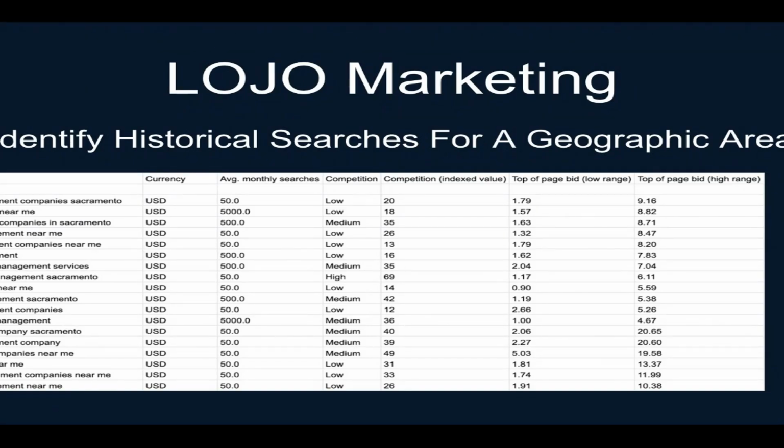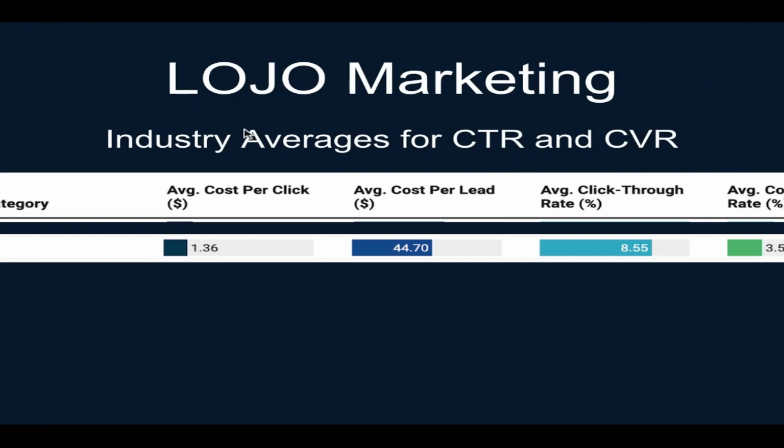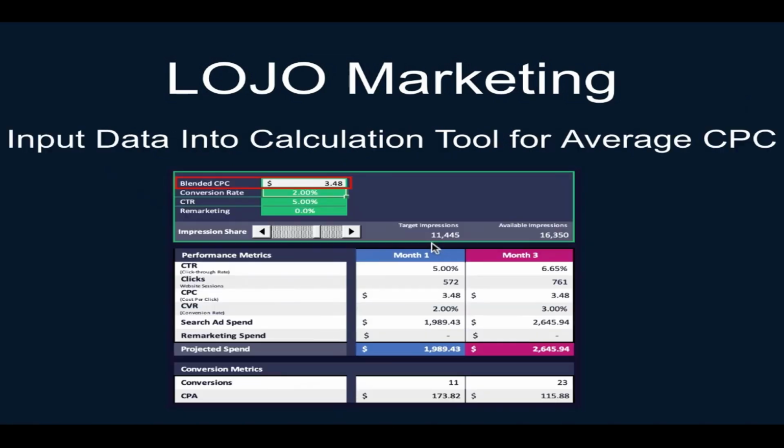So we take that information as well as this other information on average click-through ratio and conversion ratio, and I'll touch on those in a second in the next slide. But these are the industry averages for the real estate industry, and we input that information into a tool.